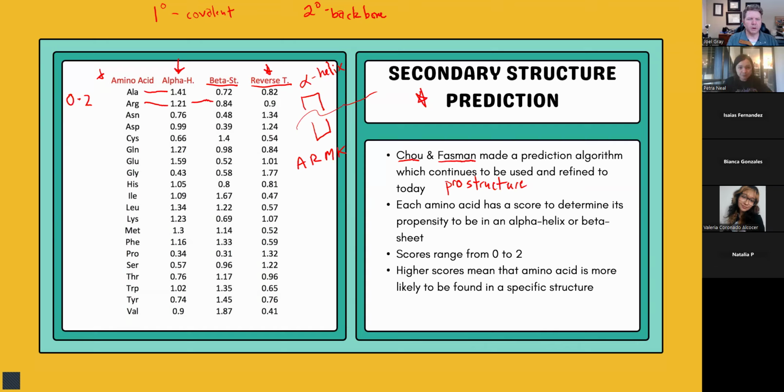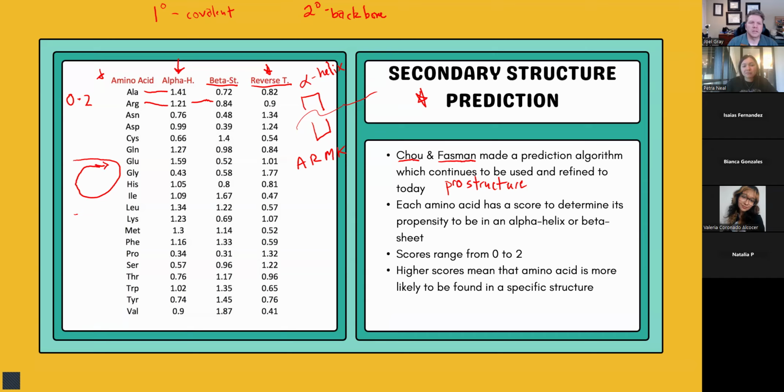But this is just a matter of whenever you have a beta strand, if you remember, I drew a structure that looked like this. You have these turns and these movements in the structure, and those can be these reverse turns. I like to focus primarily on the alpha helix and the beta sheets, though, and really emphasize that the higher these scores are, the more likely these amino acids are to be found in an alpha helix or a beta sheet.